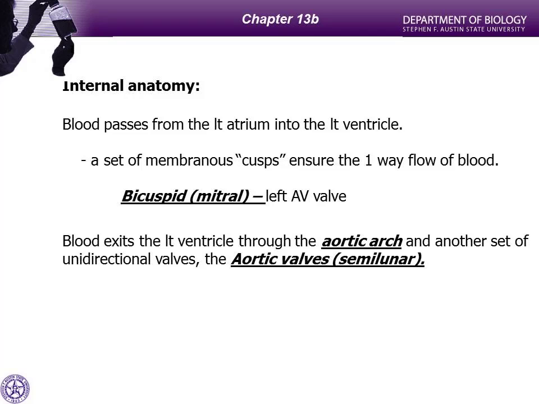Each of these is going to be comprised of 3 cusps as well, but to me they look more like pockets than cusps. There's no chordae tendineae, there's no additional muscle. And so as I compare these with pockets, imagine that my leg and my feet and my torso, this is going to be your heart.